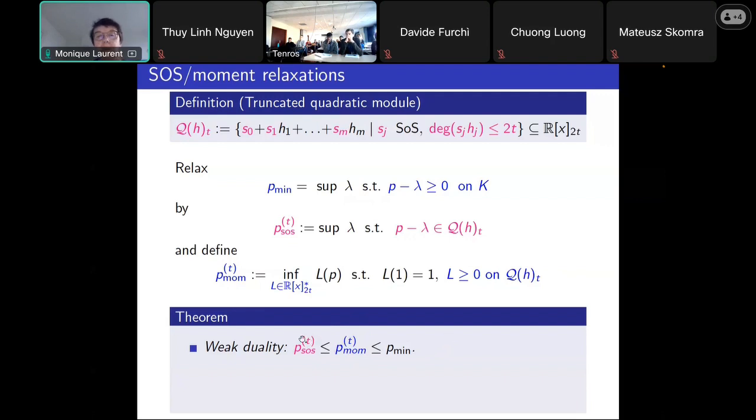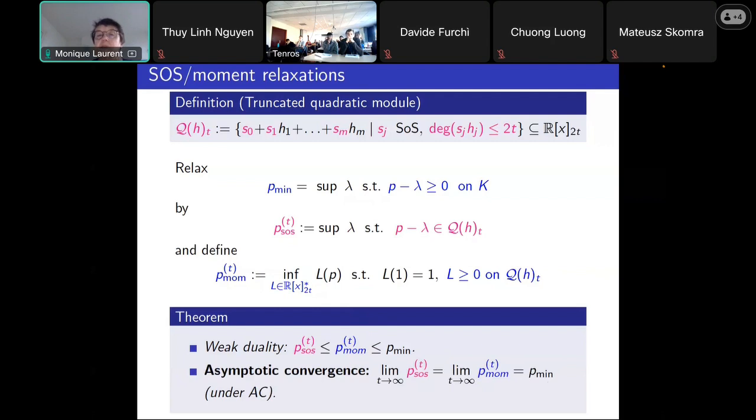As we see in a second, both programs are in fact semi-definite programs, and they are dual of each other. So often we will have strong duality, so often we will have equality here, but at least we have weak duality. And the very nice property is that if you let t grow, you get a parameter which is better and better, which gets closer and closer to the minimum of p, and they converge asymptotically to the minimum of p.